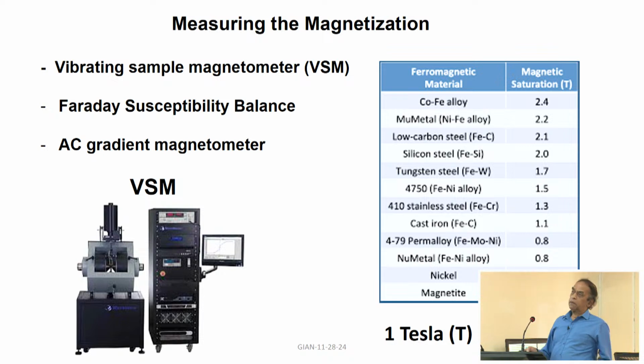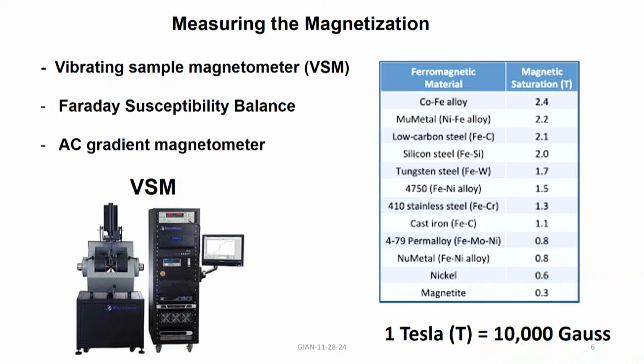So, how do you measure the magnetization? There are many ways to do that, and I will just quickly go through some of them. Vibrating sample magnetometer is commonly used, and this is what I have in my lab, the Faraday susceptibility balance, and there is also what is called an AC gradient magnetometer.